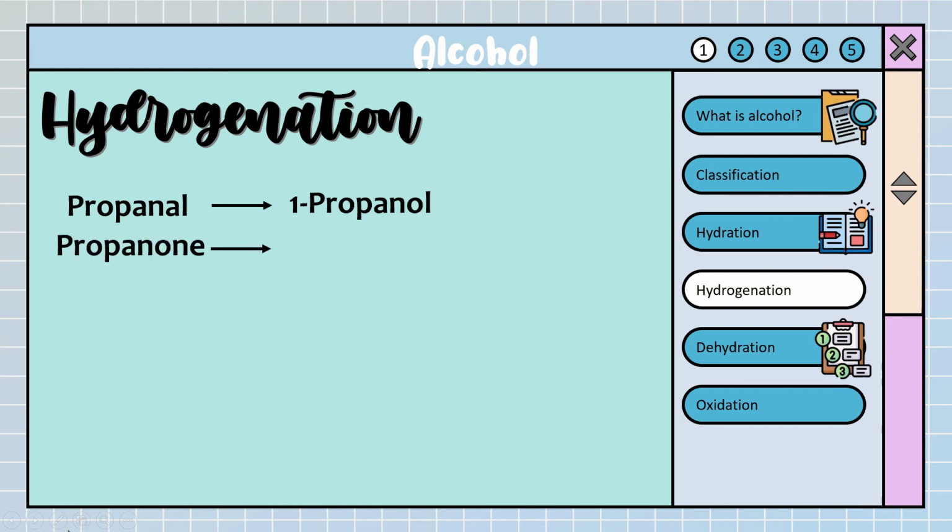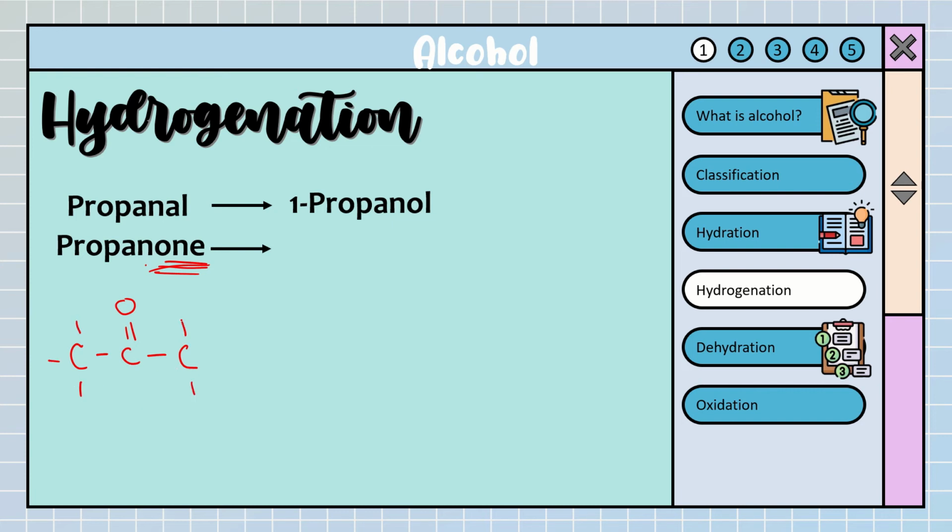Let's have another example. We have here propanone. Since this is a ketone, let's first draw the propanone. We know that the carbonyl is at the center. We cannot have it at the first or at the last carbon because that is considered an aldehyde.